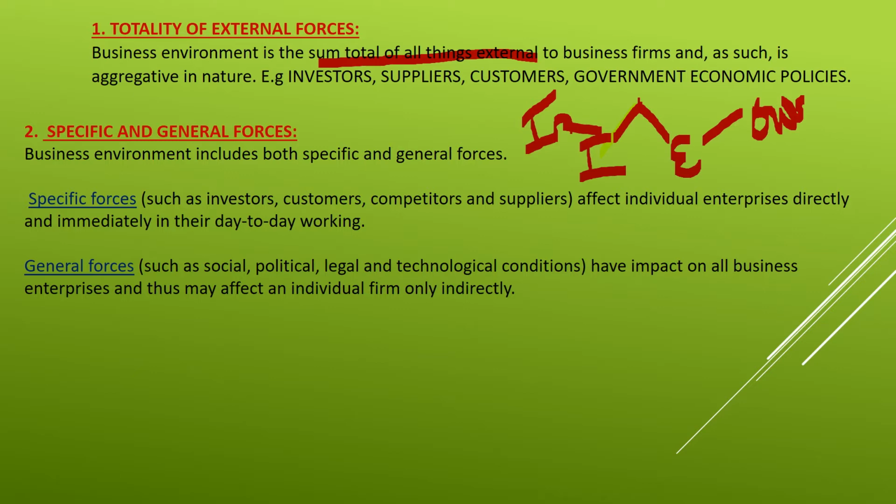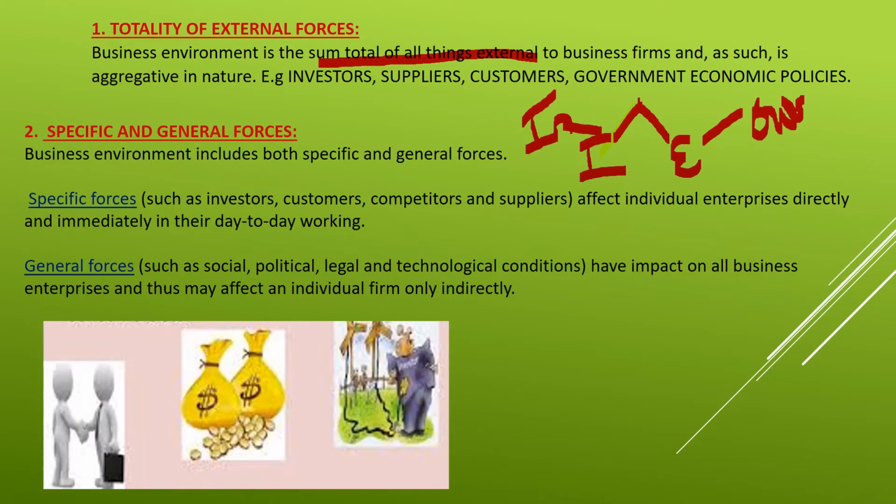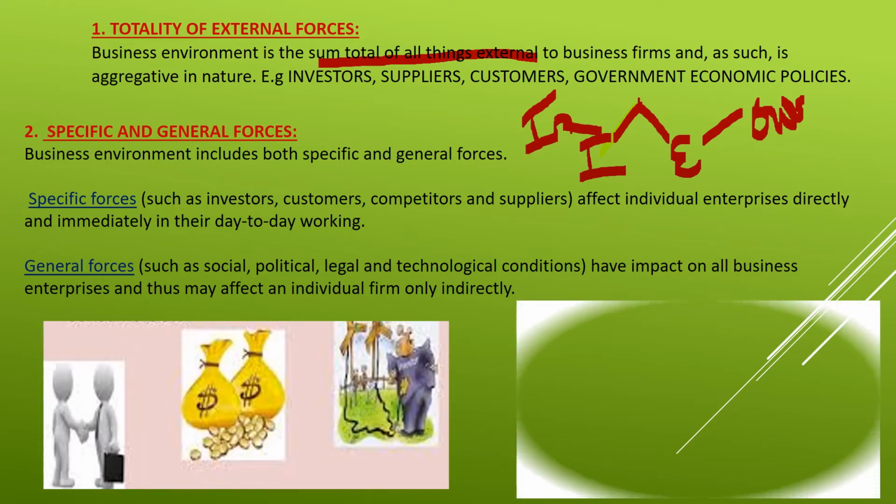All these affect the business environment. So the first point speaks about external forces, which refers to the external things affecting the business that are not in the control of the business organization.